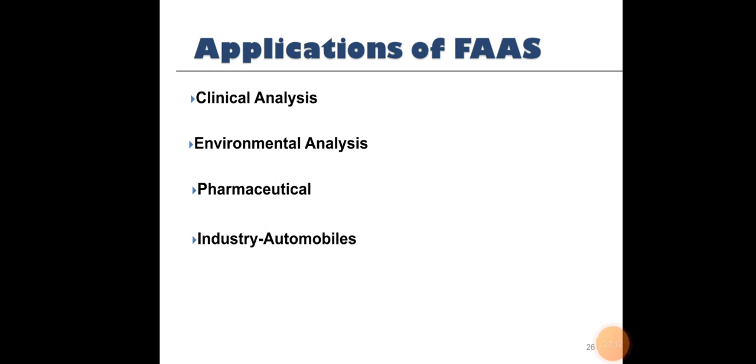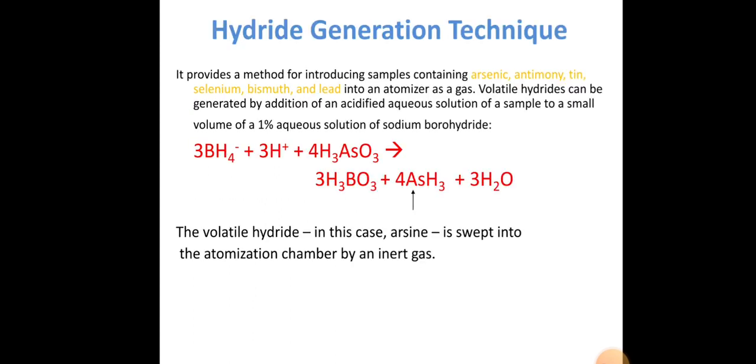These applications include clinical analysis, environmental analysis, analysis of pharmaceutical samples, and industry or automobile industries. When we want to measure elements, we can use flame atomic absorption spectroscopy for it.